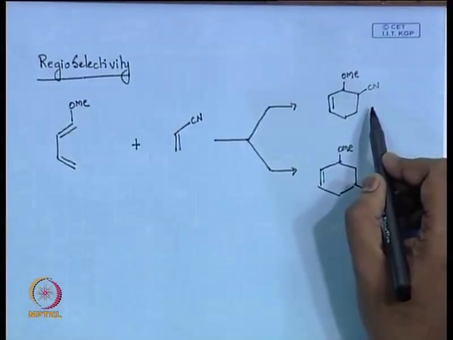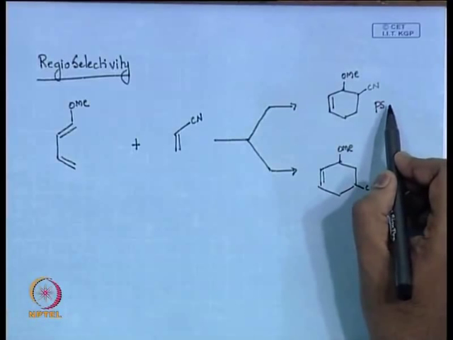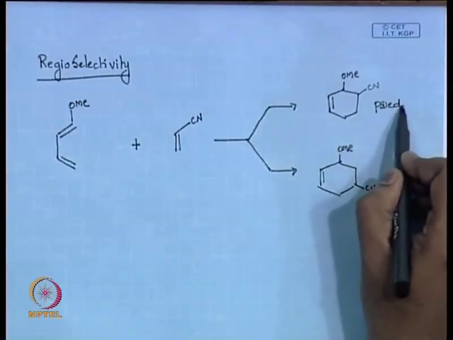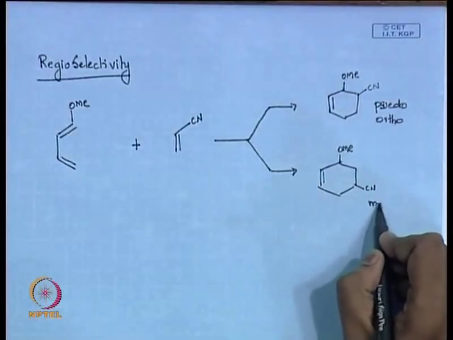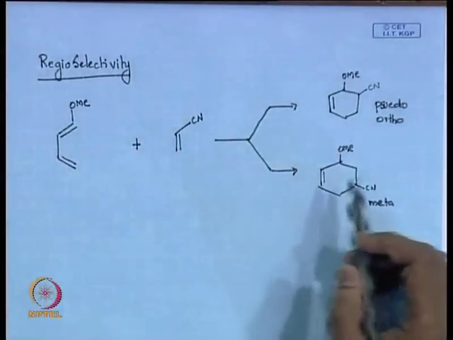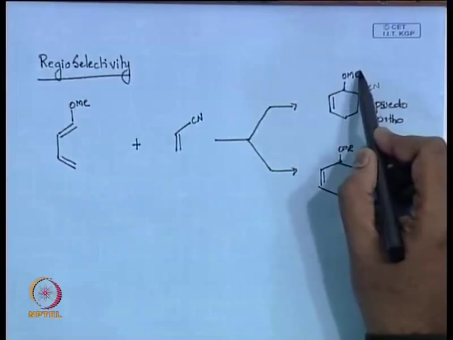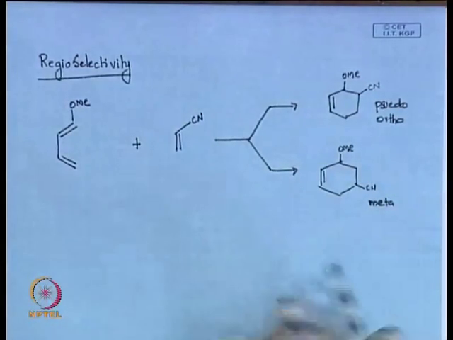Because it is not an aromatic system, we call them pseudo ortho in this case, and pseudo meta in the other case, since only in aromatic systems do we use the words ortho and meta. For understanding, we can call this an ortho substituent, and in this case a meta substituent.